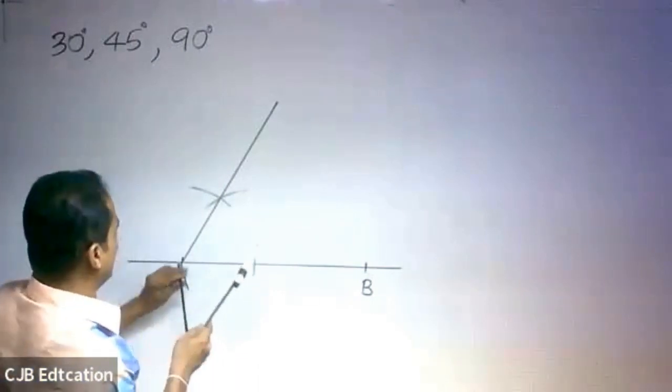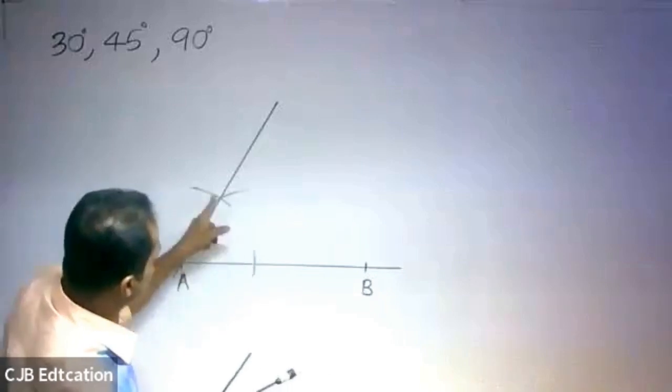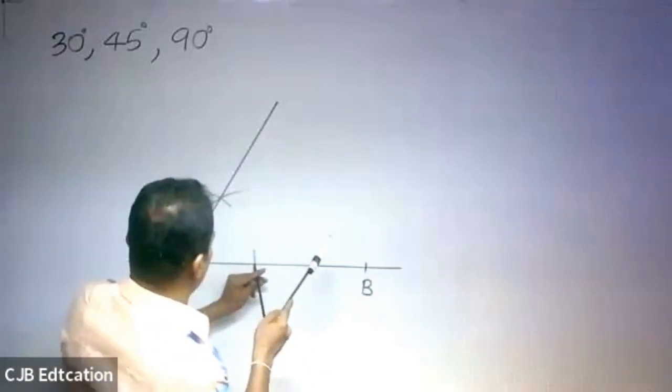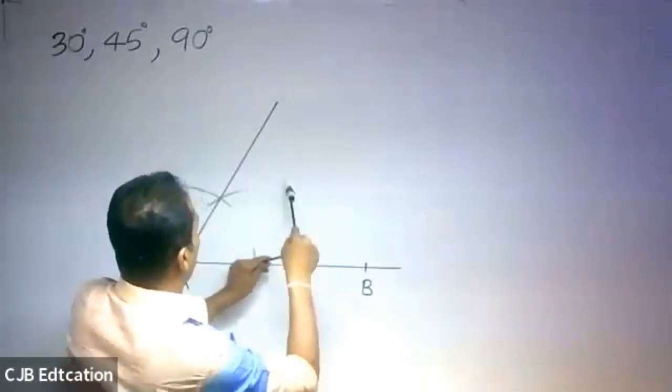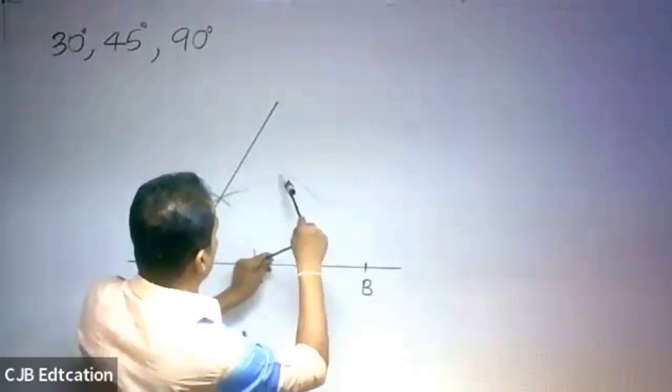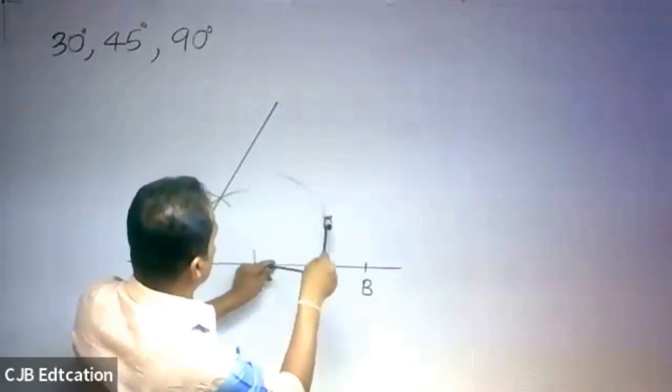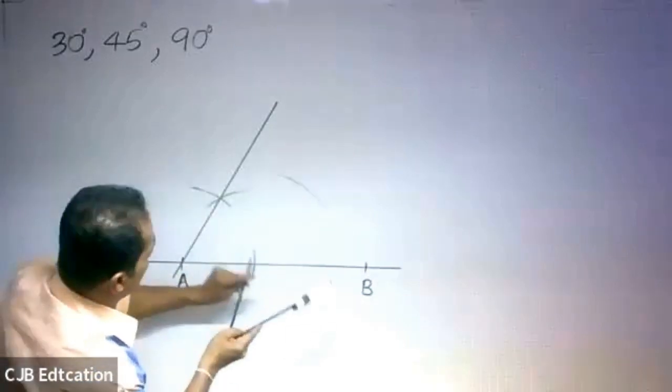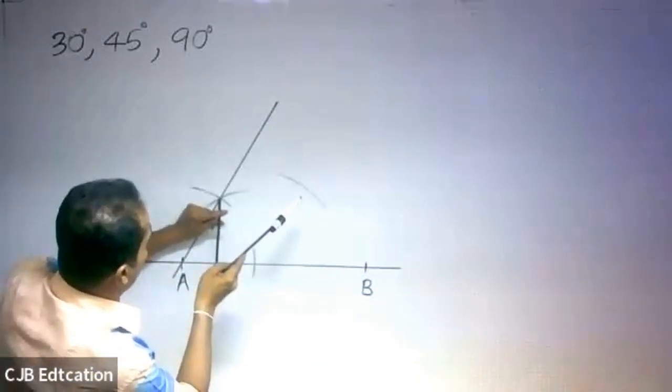We can bisect it by using these two arcs which we have drawn. Then take a little more distance on the compass, keep the tip on both arcs, draw another two arcs, and get the intersection of both.